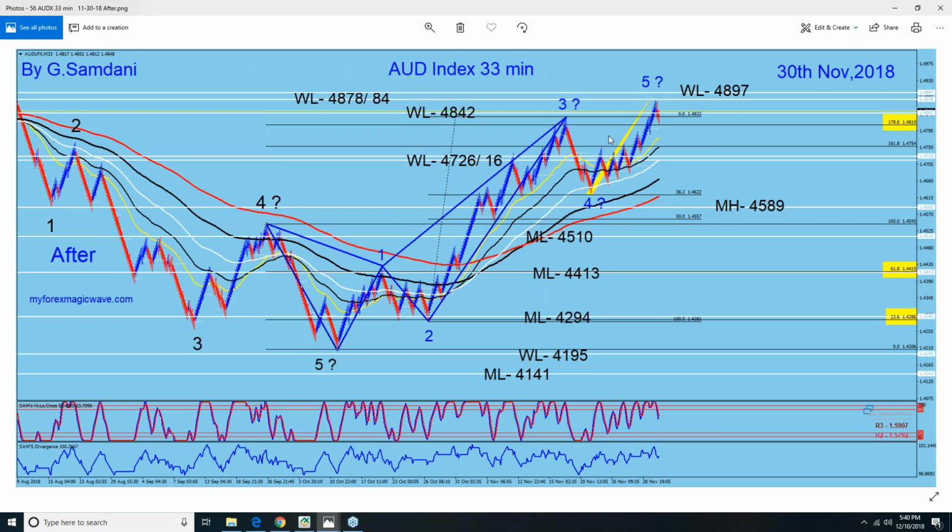So if you can track one of these indexes, you have 4, 5, 6, 7 trades in hand to choose from, whichever pair you like, and you can just find your beautiful entries and take them. That's it, simple as that.